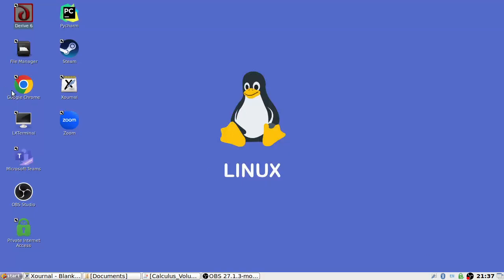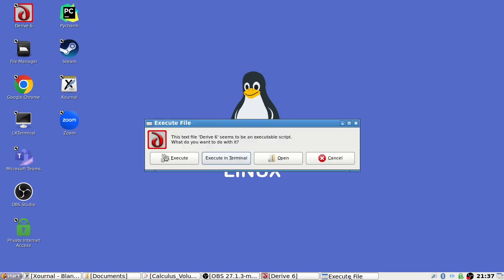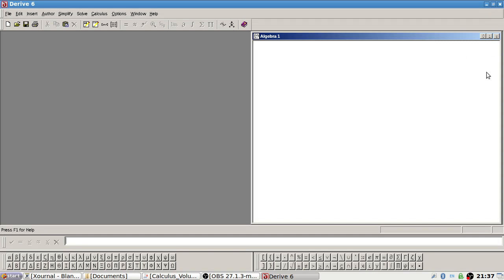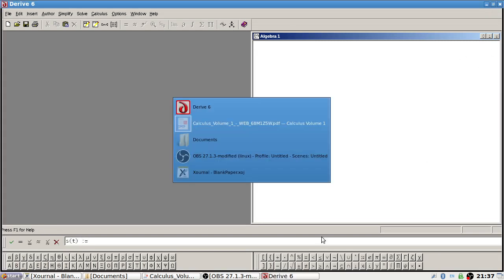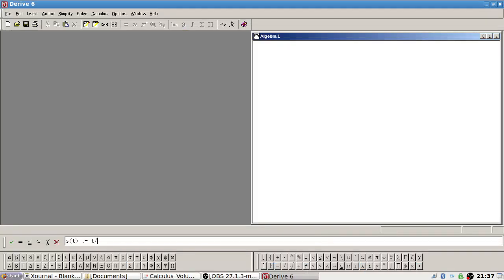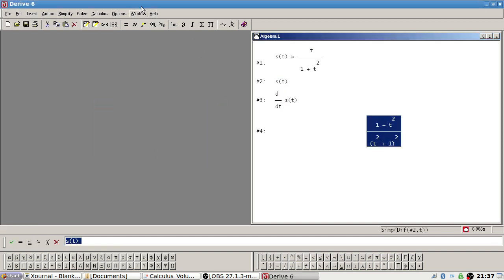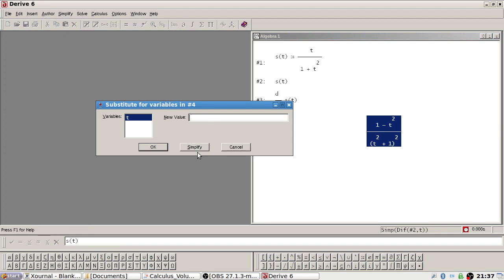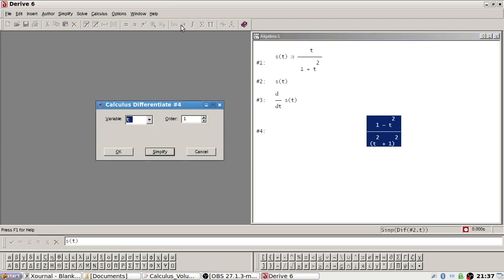Is it not loading? Right. ST defined as t over 1 plus t squared. Okay. So let's differentiate that with respect to t, and then differentiate that with respect to t again.